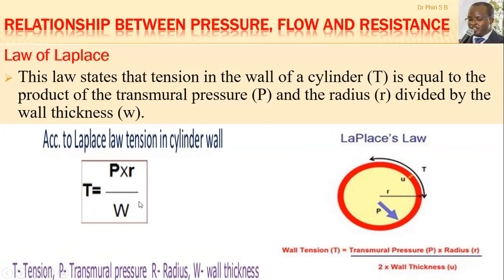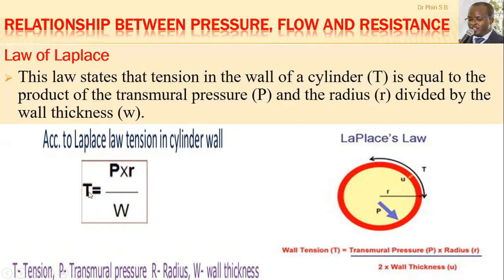In capillaries, the wall is negligible because the thickness of the wall of capillaries is microscopic. You can't even see it with your naked eyes. Because of that, the pressure that is exerted by the blood on the capillaries is not that much because of the law of Laplace.